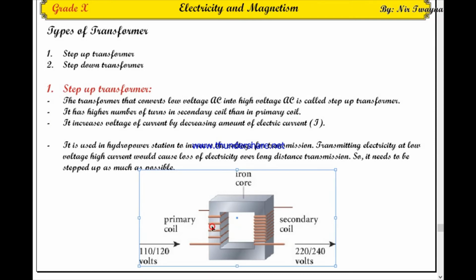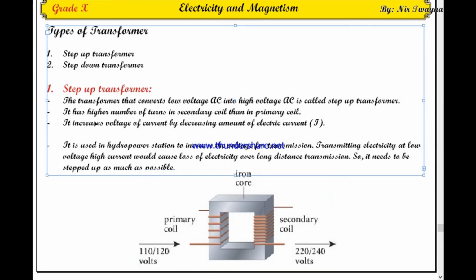How many turns are shown here in primary coil? 1, 2, 3, 4, 5. Yes. Now in secondary coil, 1, 2, 3, 4, 5, 6, 7, 8, 9, 10. 10 coils are shown in secondary coil. See, in step up transformer, the number of turns in secondary coil is higher than primary coil.